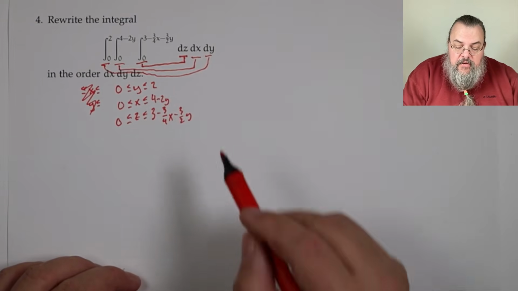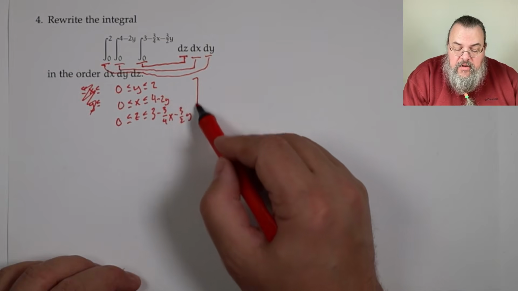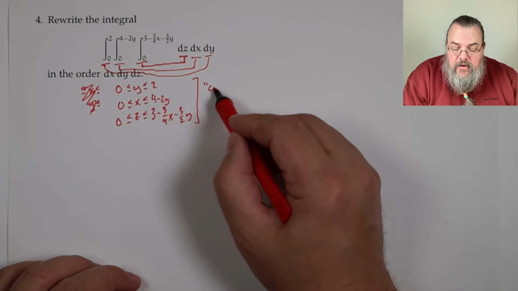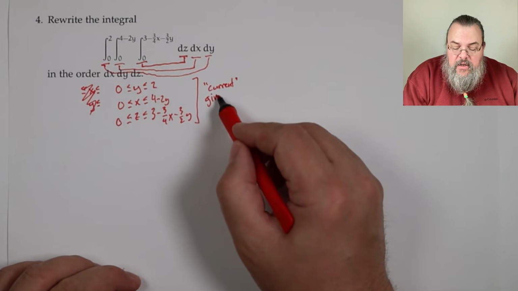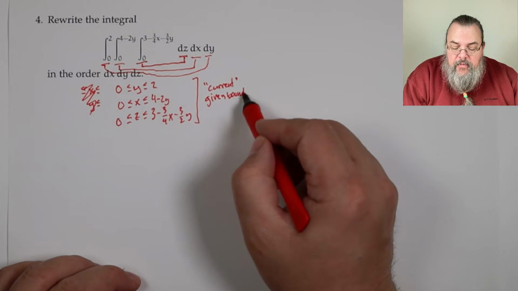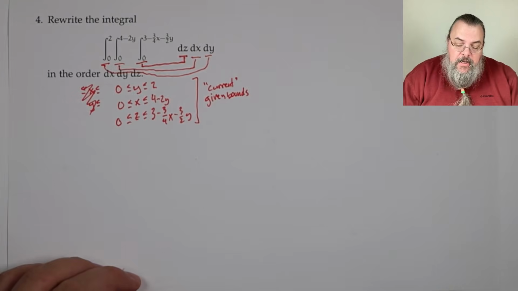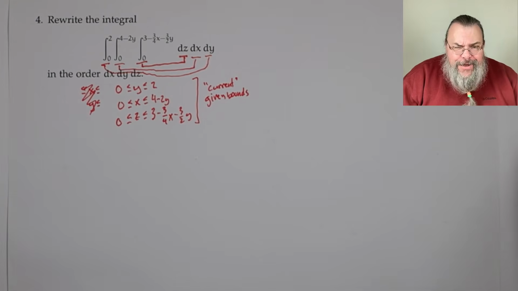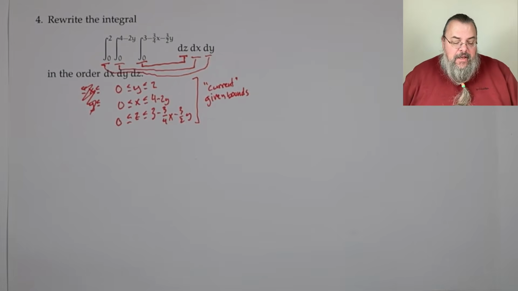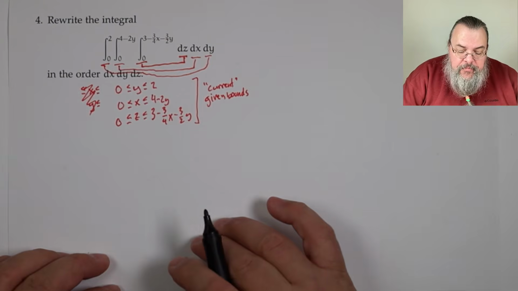So this right here, that's the current, or if you like, the given description of our region. Now we want to figure out, what is this? What shape is this?